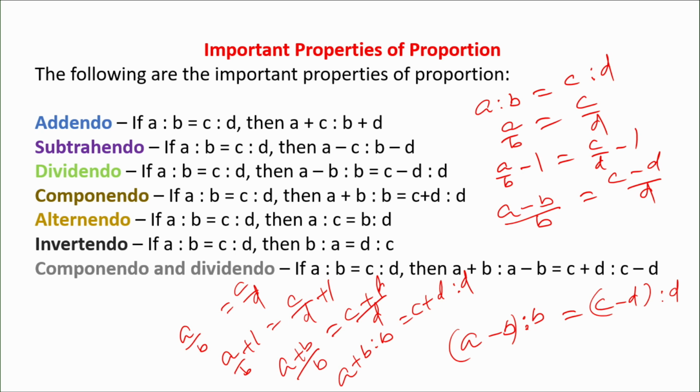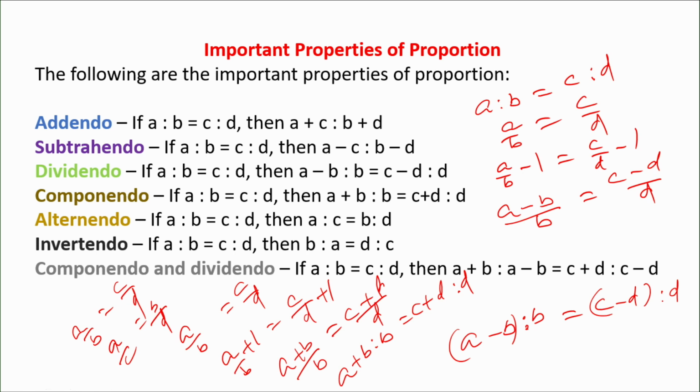This is called componendo. Alternando means when A is to B is equal to C is to D, that is A by B is equal to C by D, then you can say A by C is equal to B by D. This is called alternando.